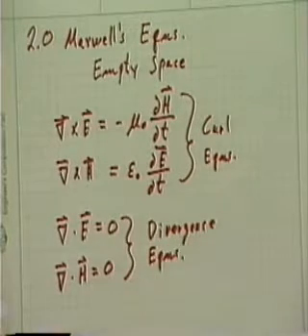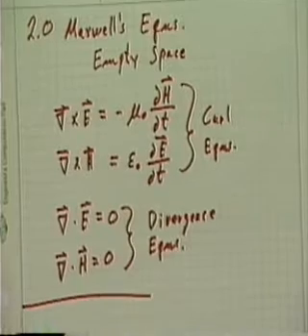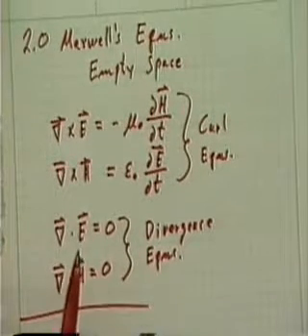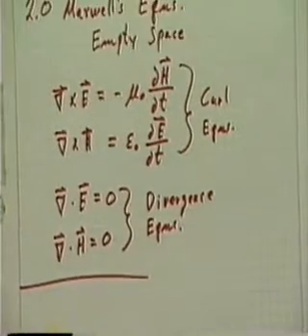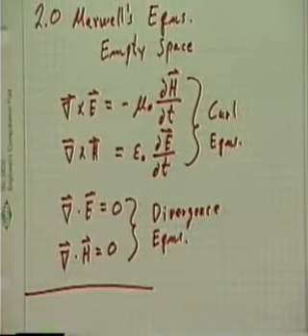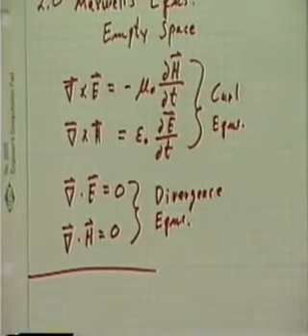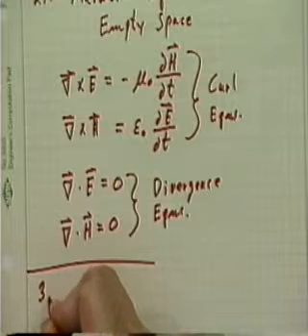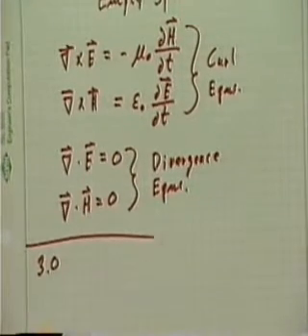That's the end of Chapter 2. So anyway, that's the end of Maxwell's equations. We now go on to Chapter 3. I told you we weren't going to spend a lot of time on Maxwell's equations.